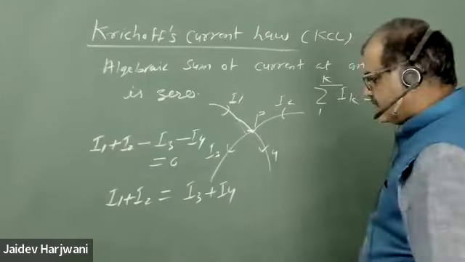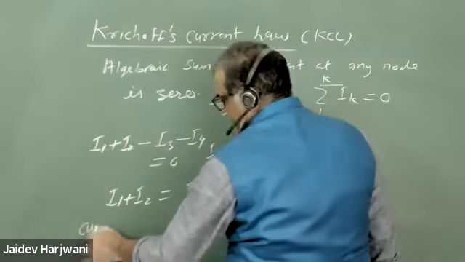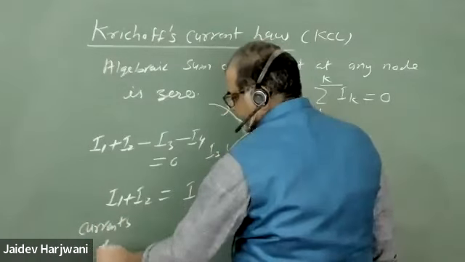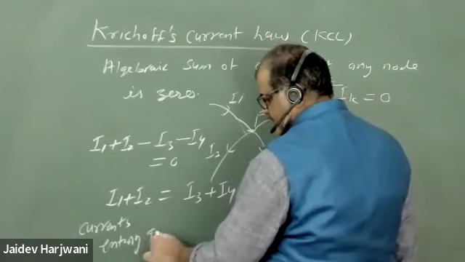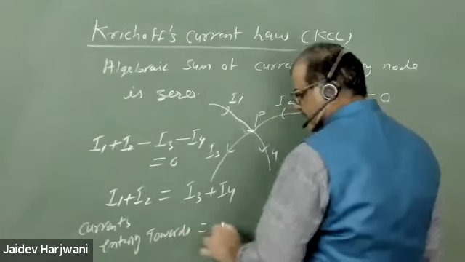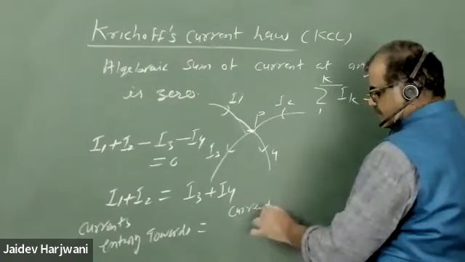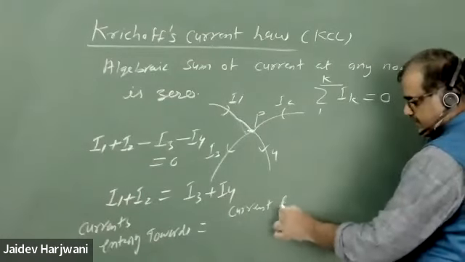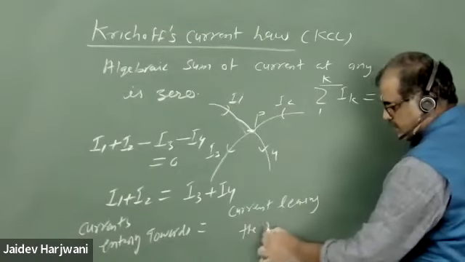So the currents entering towards the node are equal to the currents leaving the node.